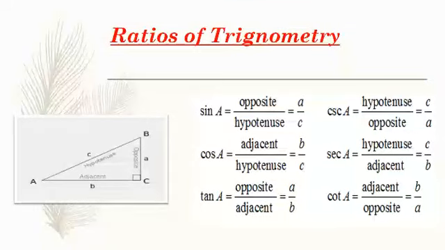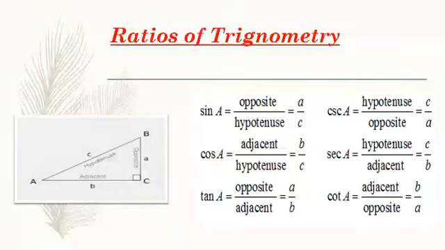So you already know that hypotenuse side, opposite side, and adjacent side are the sides of a right angle triangle. The ratio between any two sides of a triangle is known as trigonometric ratio, in which sine ratio is opposite by hypotenuse, cos ratio is adjacent by hypotenuse, tan ratio is opposite by adjacent.